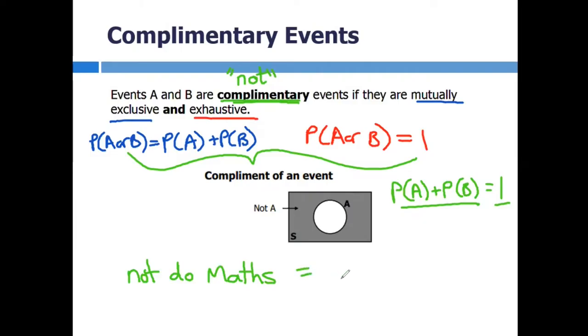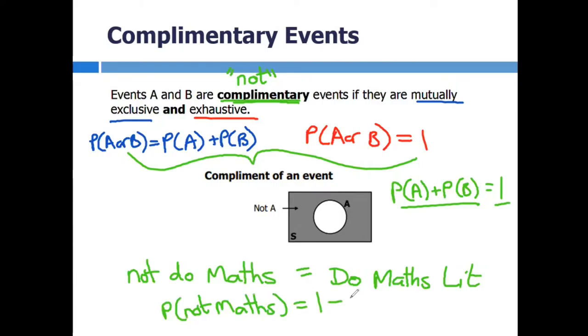And do you agree that the people who do not do maths do maths lit? That's exactly the same thing. So you can use the opposite as opposed to actually calculating the maths lit. So the probability of not maths is equal to 1 minus the probability of maths. Okay, so that 1 minus is the thing that we can use for the complementary.